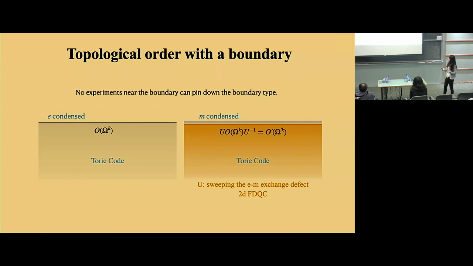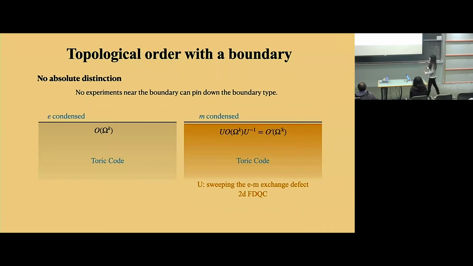And because these two are related by this finite depth local unitary, the result is the same, and the support of this defect is also the same. So there's no way to tell only near the boundary which one is which.